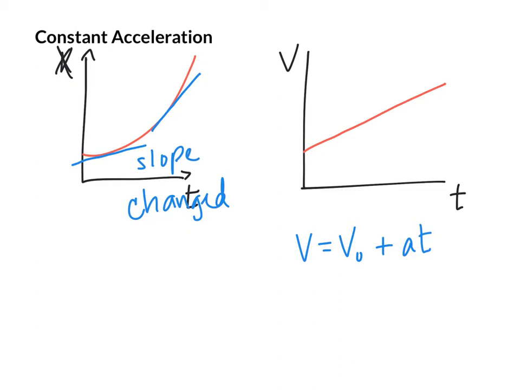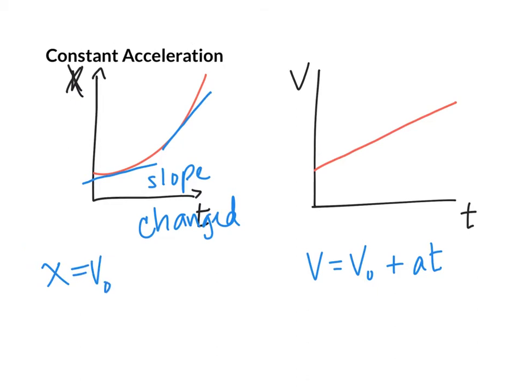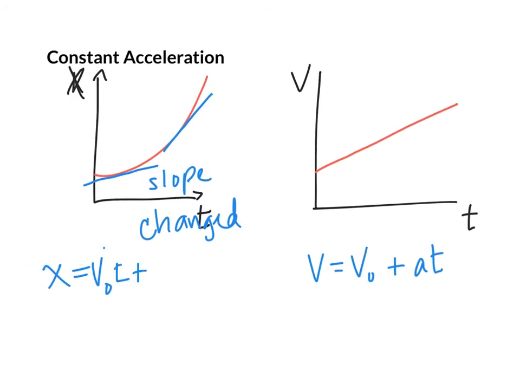We also had a formula that described the positions. We had this basic formula here, v sub o t plus 1/2 a t squared. Okay, that was kind of our basics, and this allowed us to handle more situations.